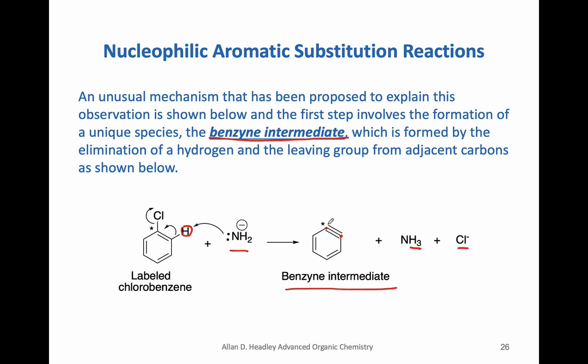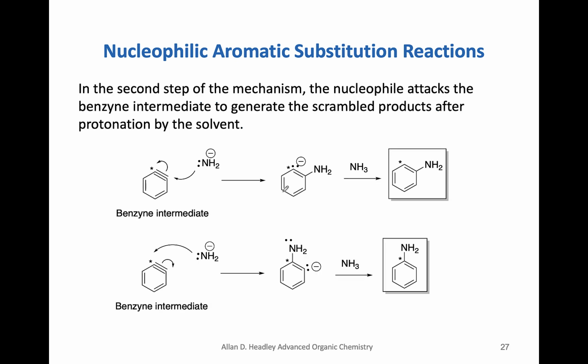But in order to explain the experimental observation, this has been proposed. Why has it been proposed? Because as you can see here, the nucleophile can attack this carbon to give this intermediate, of course in the fast step, and then this intermediate will react with the solvent to get this as a product.